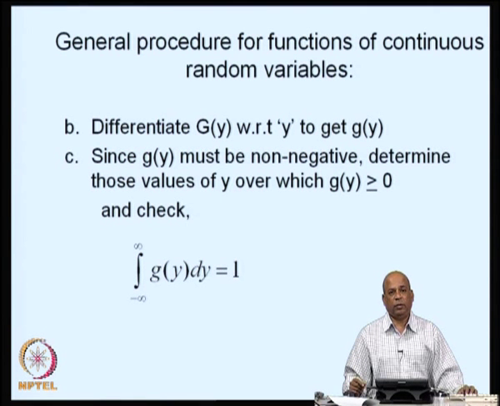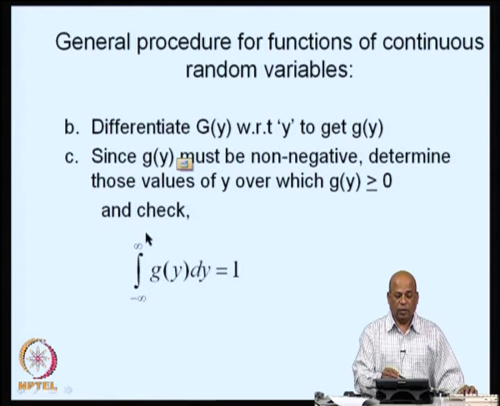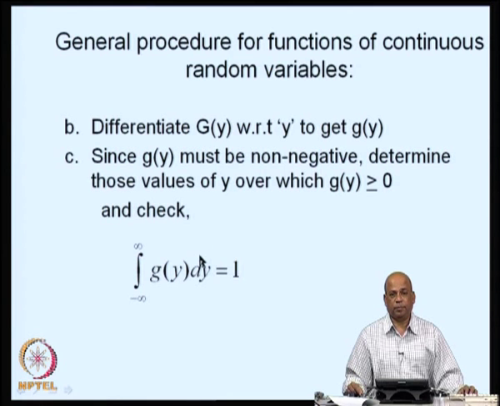Once we obtain the marginal density g of y, we fix the limits of y over which g of y is non-negative, and then over those limits we examine whether the integral from minus infinity to plus infinity of g of y dy is in fact equal to 1.